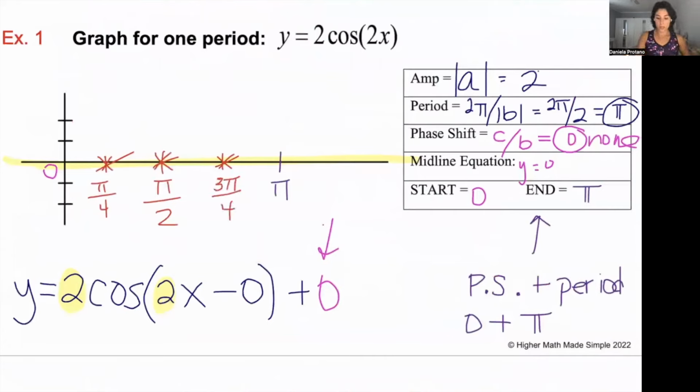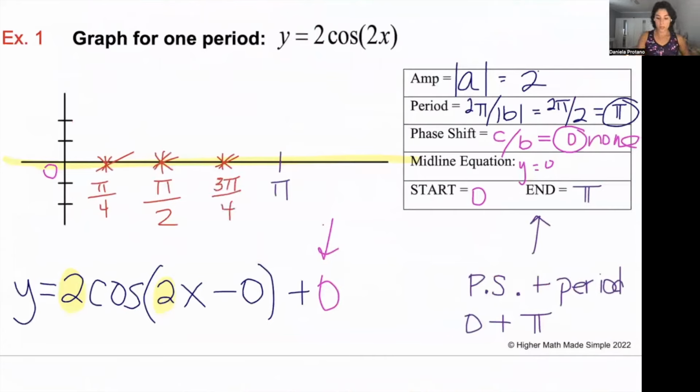So as long as you are aware that your starting value is at negative pi, it starts at 0 for the parent function and it moves to the left pi units. So as long as you are fine with that and your teacher's okay with you just writing positive pi, I don't have a problem with that. But again, since the phase shift is c over b, that really should end up using the formula properly. Anyway, if that made any sense.